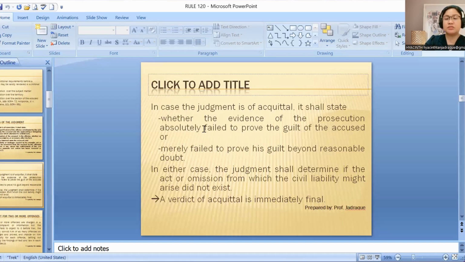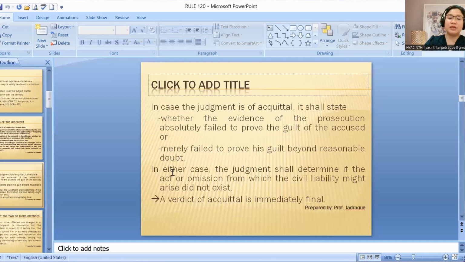So in other words, the accused could never be criminally liable because there was mistaken identity. In other words, you could not also make him civilly liable because there is no basis to award civil liability or damages because the prosecution absolutely failed to prove the guilt of the accused.